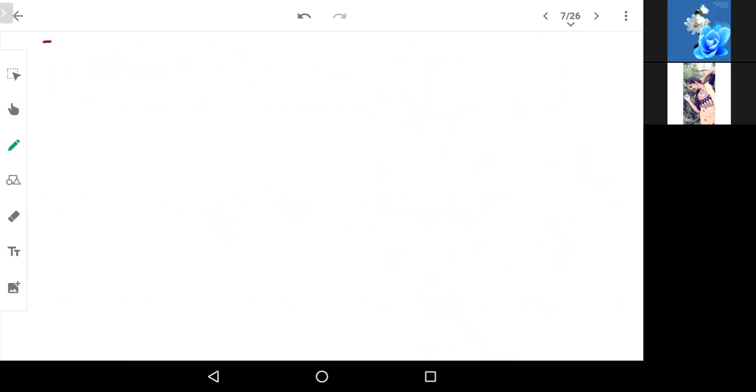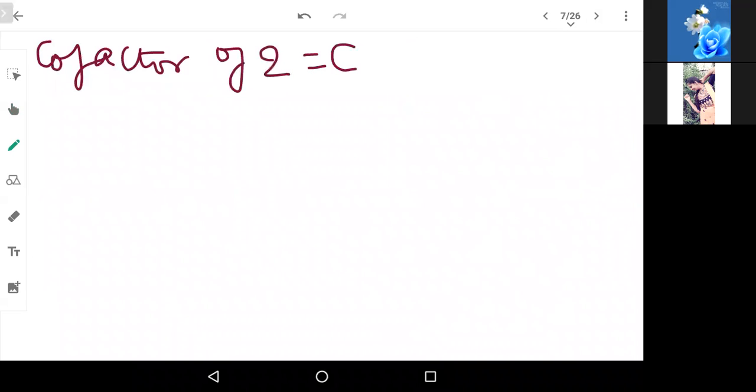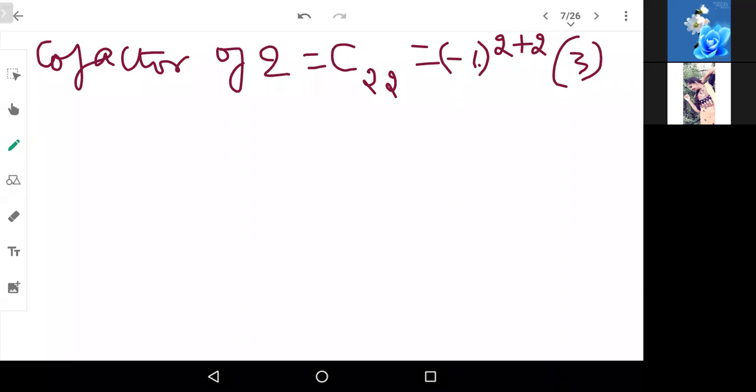Now finally, cofactor of 2, that is second row, second column. So -1 to the power second row, second column. What is the minor of 2? 3. So -1 to the power 4 into 3. So -1 to the power 4 is +1.